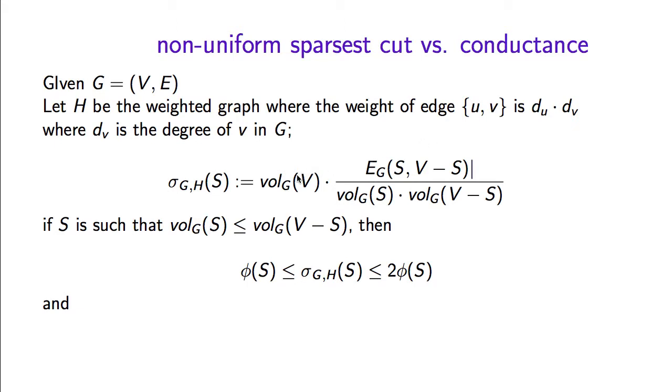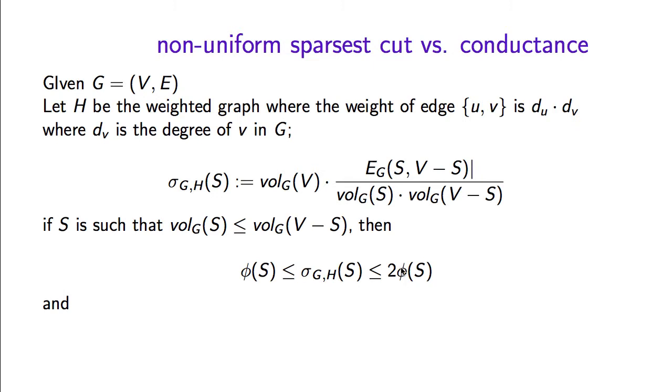Then this normalizing factor, volume of V divided by volume of V minus S, is between 1 and 2. And the ratio, edges in G from S to V minus S divided by the volume of S, is the conductance of S. This means that the sparsity of S is, up to a factor of 2, the same as the conductance of S.